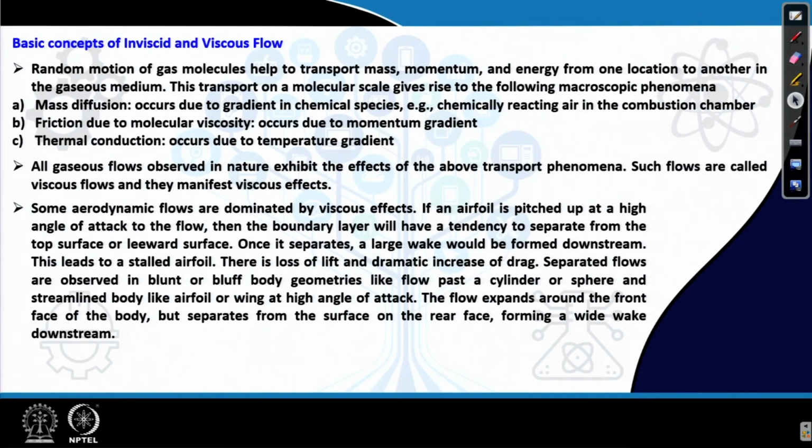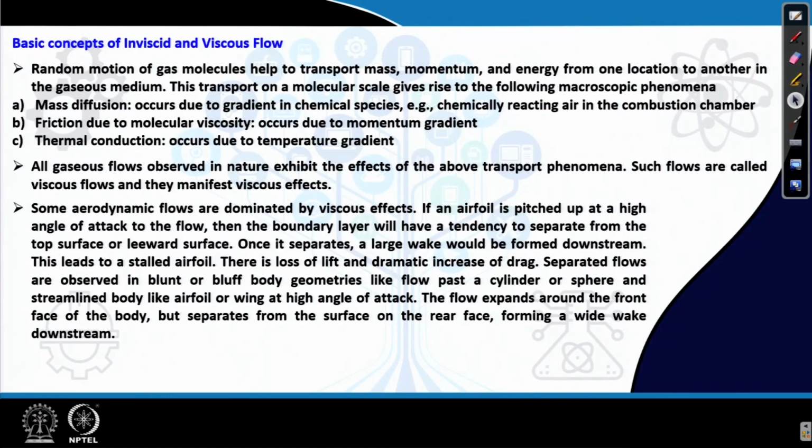A, mass diffusion. That occurs when you have gradients in chemical species. If there are variations in the concentration of different chemical species, there would be mass diffusion, and an example of this would be chemically reacting flow in the combustion chamber of a gas turbine engine, for example.